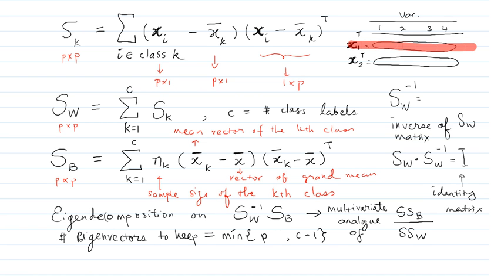So you take that, and this vector is actually 1 times 4. So over here, this is the transpose version. You take that and you subtract the mean vector for the K-th group, and then you multiply. You basically square the vector.